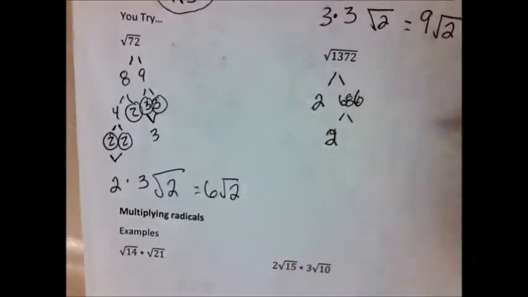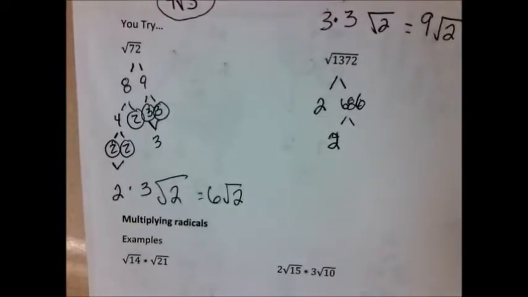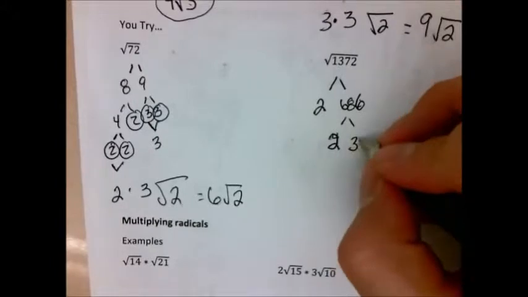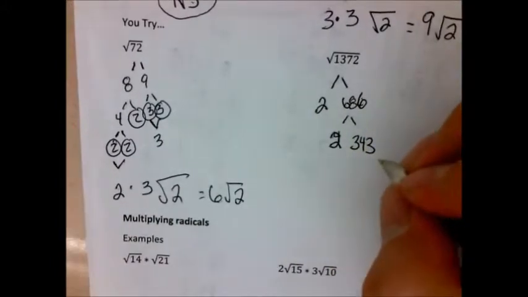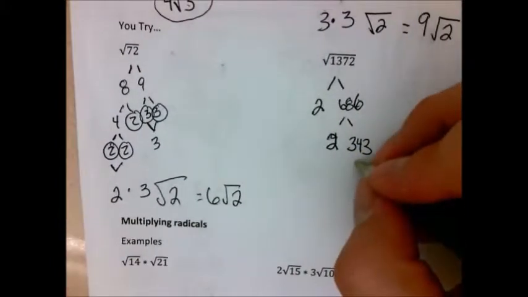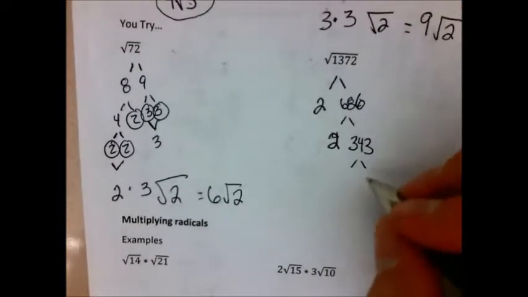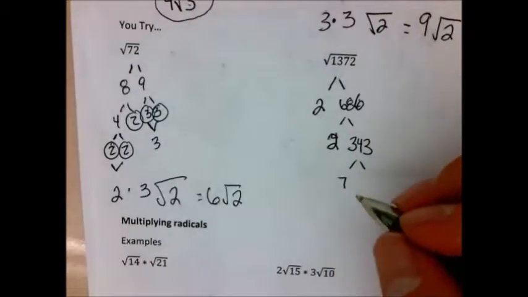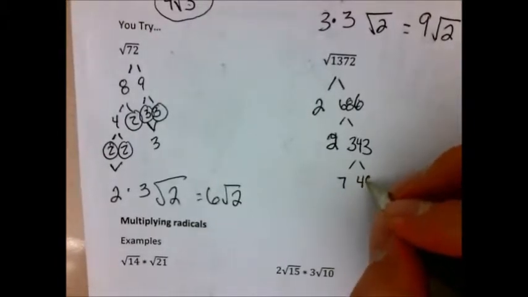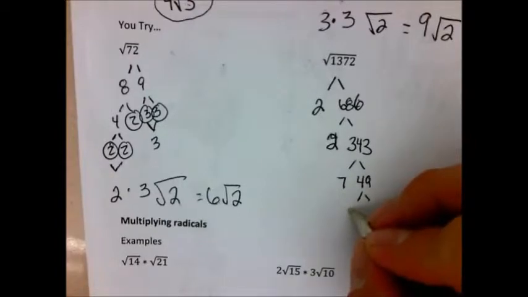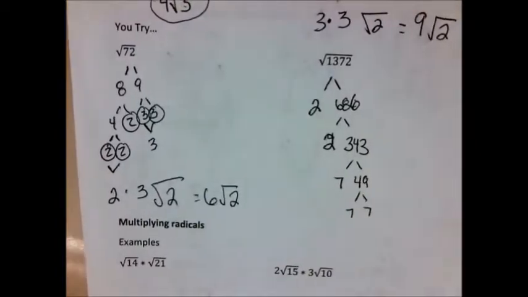So let's do 2 again. Gives me 343. I'm going to break this down by 7. 49. Break this down by 7 again, and 7.